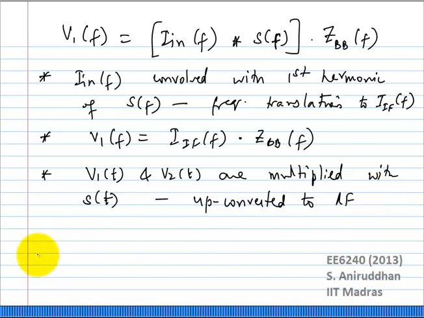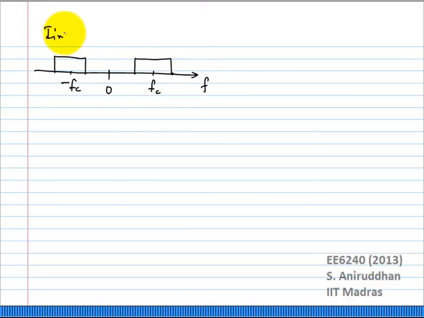So, for example, use the next page. So let us say in the frequency domain, the input current IN of f looks something like this. So this is the current coming out of the LNA. What happens?